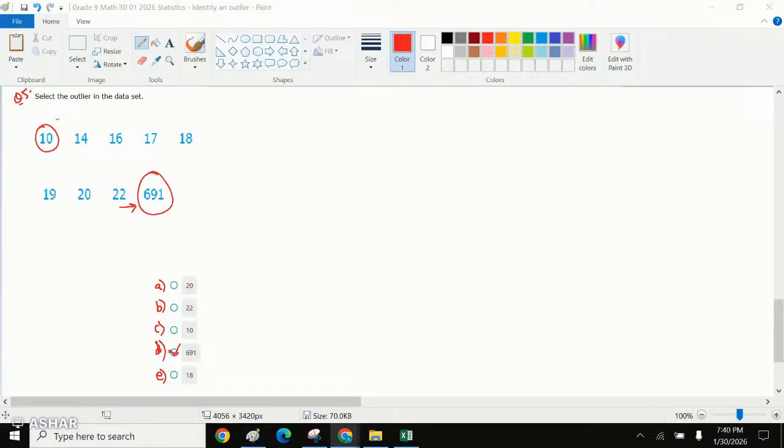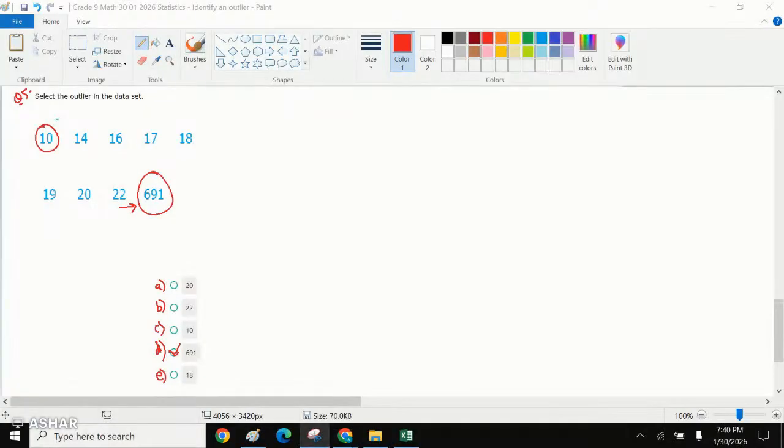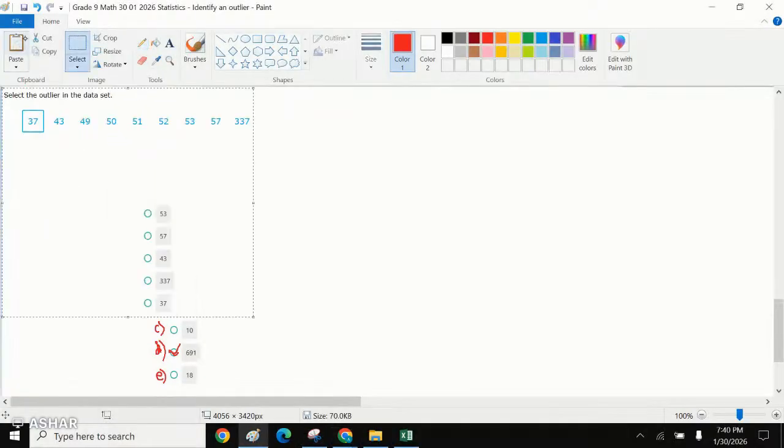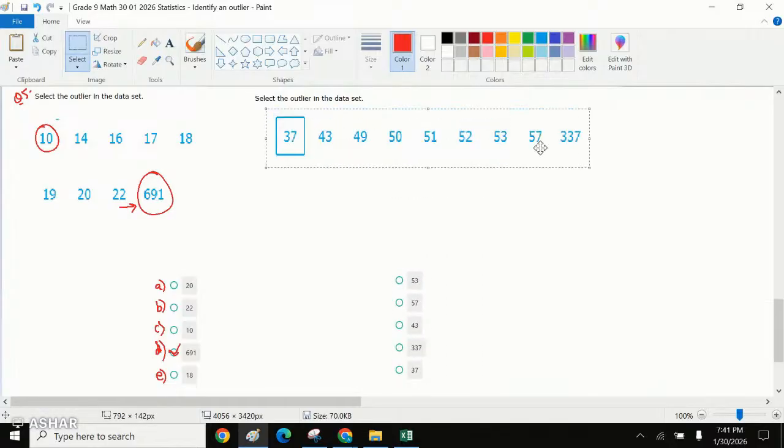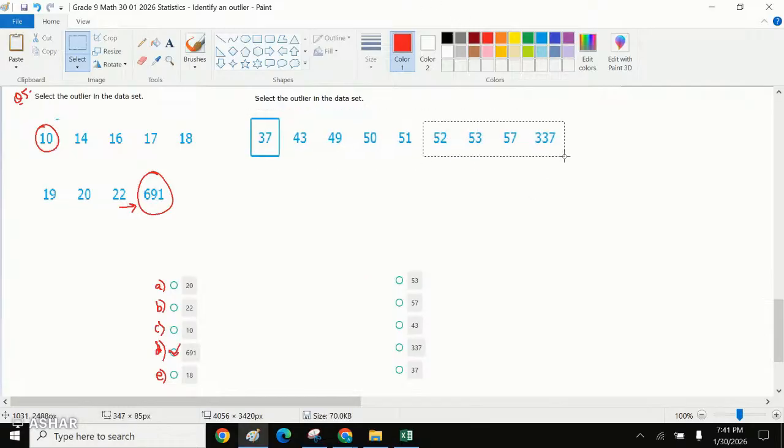Moving ahead to the next question. The numbers given to us are these. If these were the options given to us, we just need to pick an outlier for question number 6.